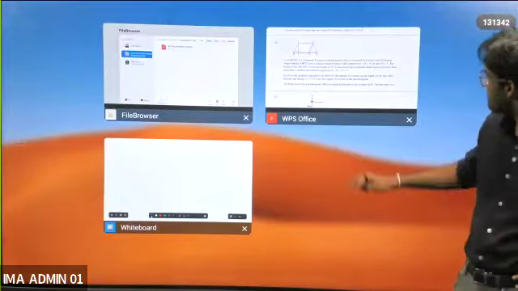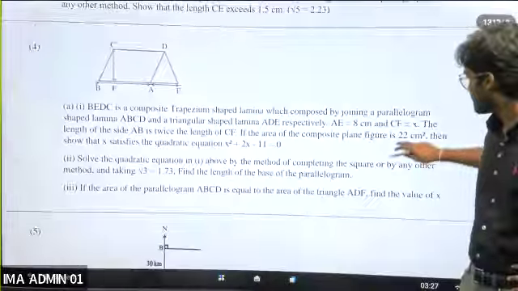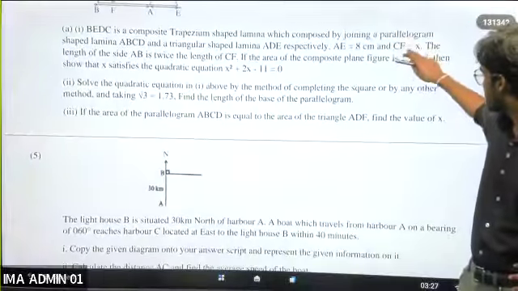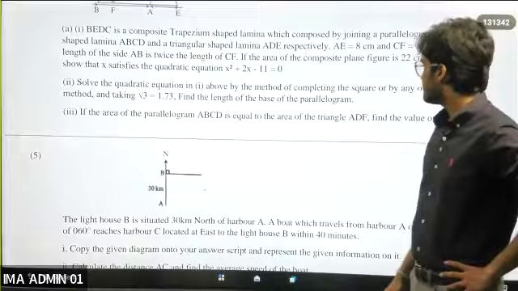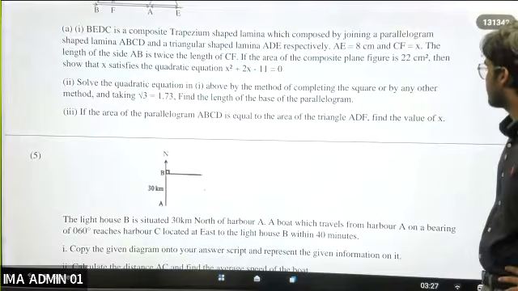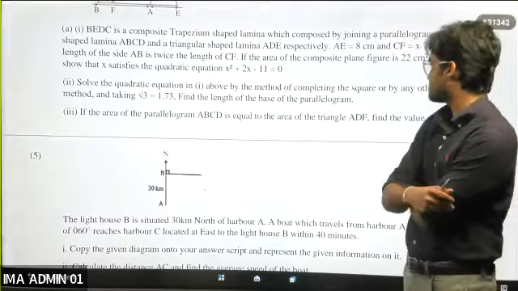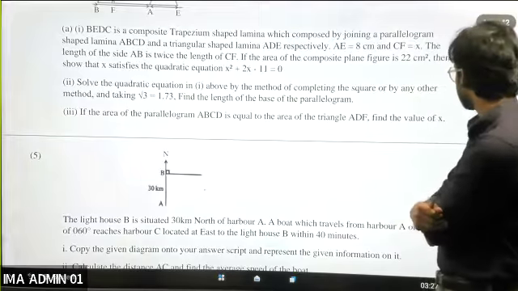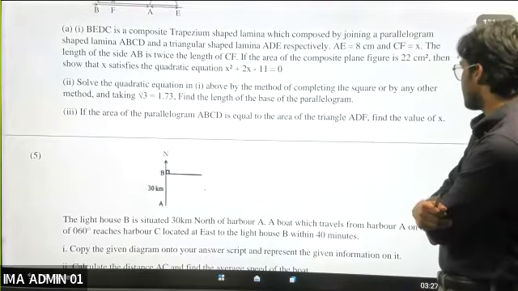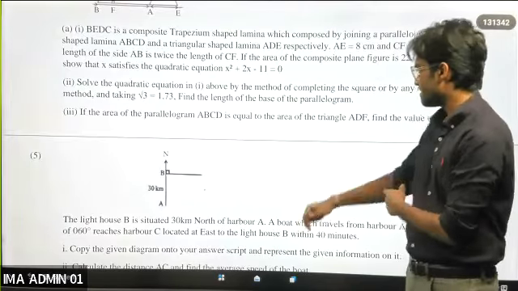The final part, I'm not pretty sure on that. ABCD is equal to area of triangle ADF. Cannot be. ඒක ඇතුලේ තියෙන එකක area එකට සමාන වෙන්න බෑ. Then find the x value. I will see that separately.